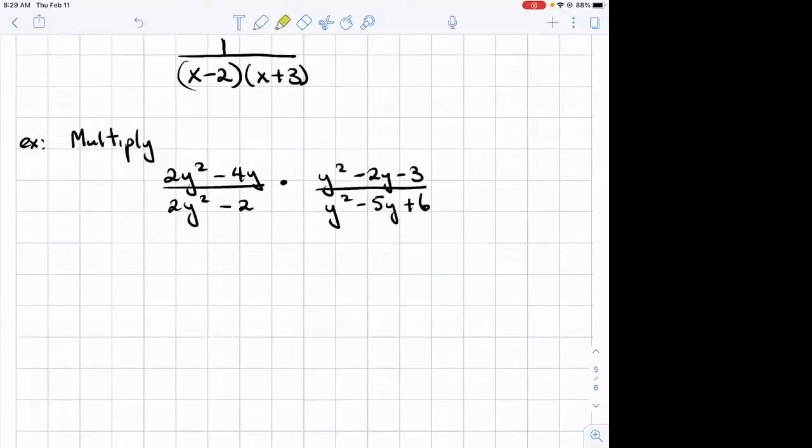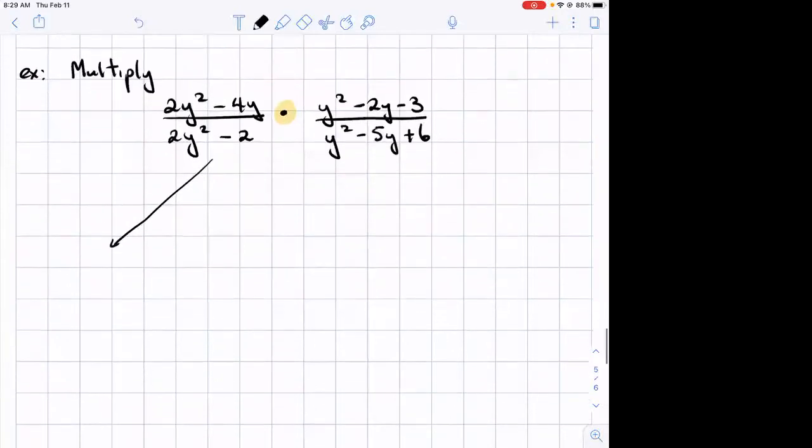Now always check to see what sign that is. It is multiplication, so we don't have to do anything other than simplify. So I'll use the same idea as before. We want to factor the top, and then we want to factor the bottom, and that's for the left side.